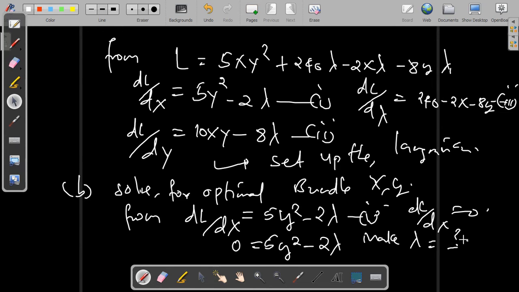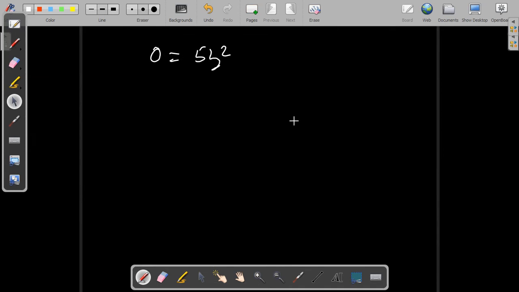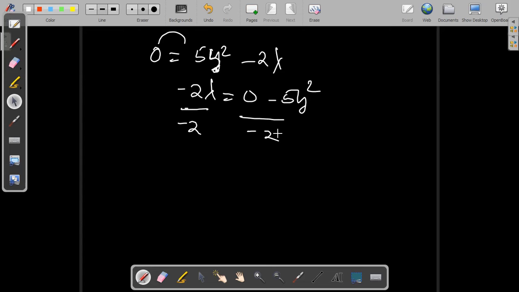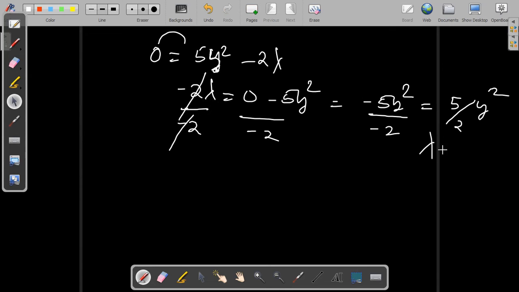When you make lambda the subject, negative 2 lambda equals negative 5y², and dividing both sides by negative 2, you obtain lambda equal to 5y² over 2. So lambda is equal to 5y²/2.